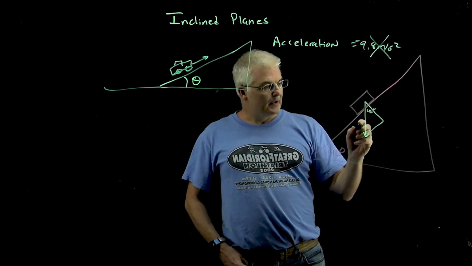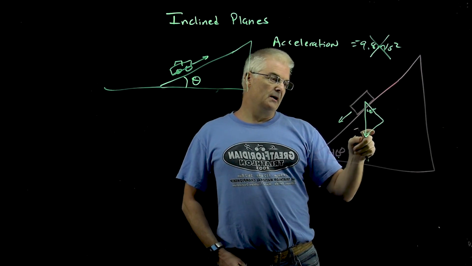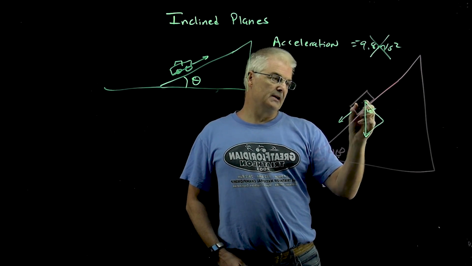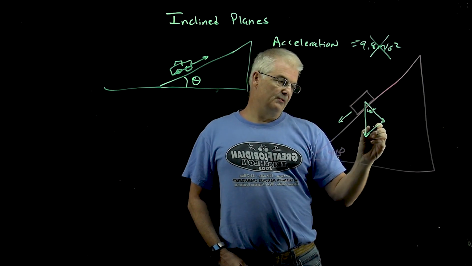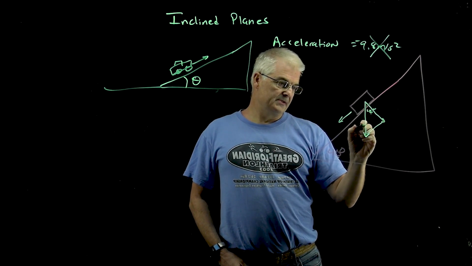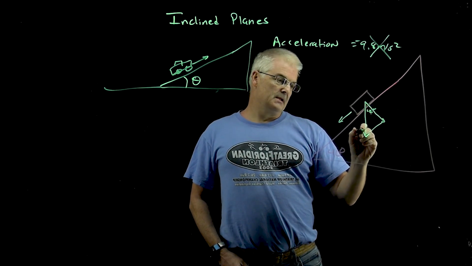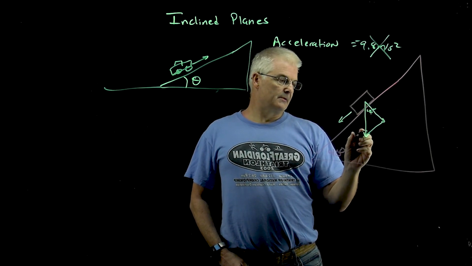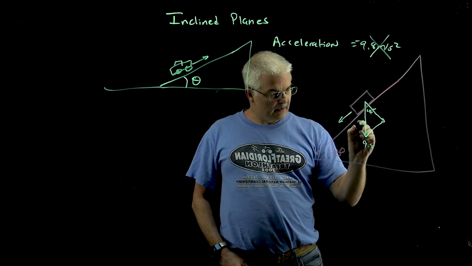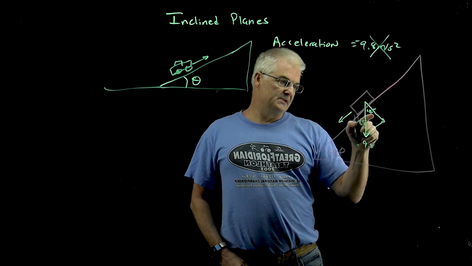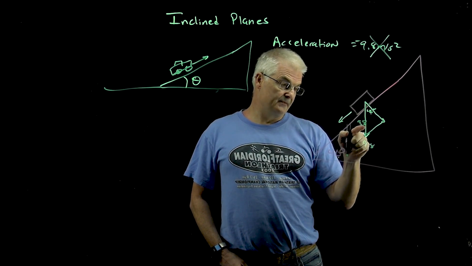Okay? And so the acceleration is only this component, if you will, of this triangle. You've also got the component that's directed downward. But if you think about this, if this is 40 degrees, the downward is 9.8. So this is 9.8, and 9.8 is the hypotenuse of this triangle.